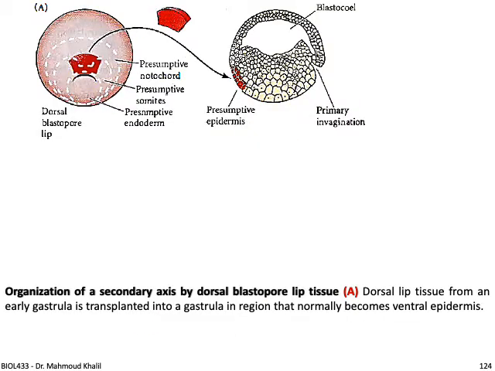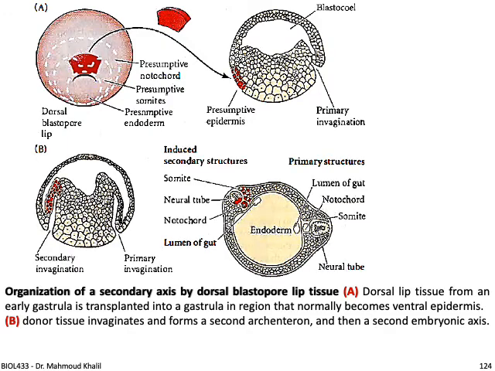In another set of experiments, they transferred the dorsal blastoporal lip tissue from an early gastrula to another early gastrula and transplanted it in the region that would normally become the ventral epidermis. But in this case, they found that the region with the implanted tissue developed a second archenteron, and a second embryonic axis was formed with a secondary neural tube.